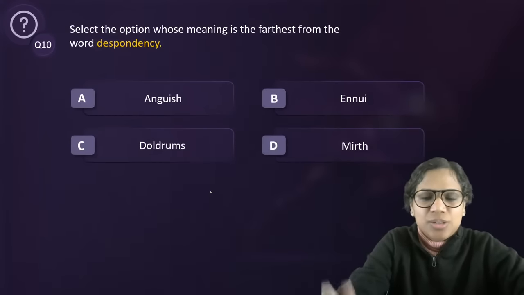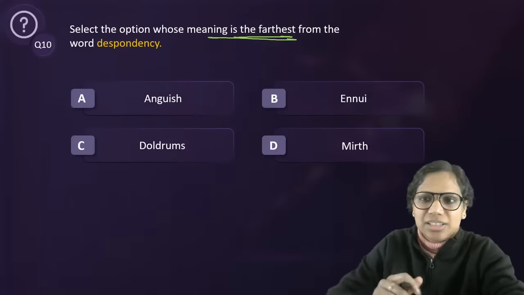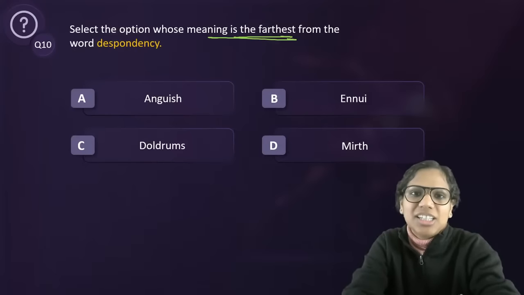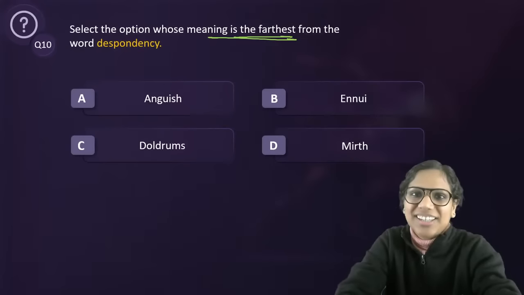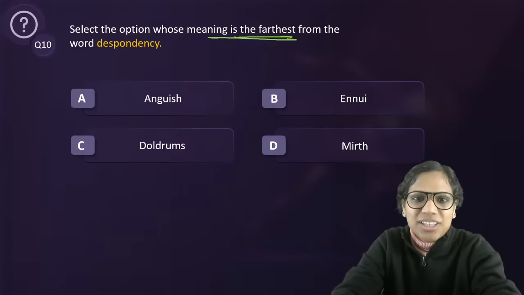Farthest in meaning is antonym. Despondency. Yes, when we call someone's personality an enigmatic personality, it has a sense of awe to it, right? So it's usually used for celebrities, that they have an enigmatic personality. Okay, so it's mysterious in a good way.